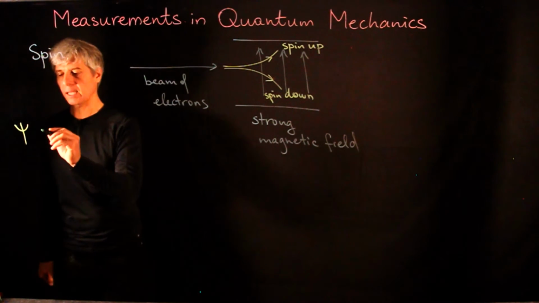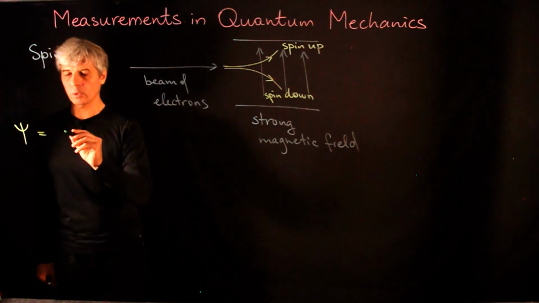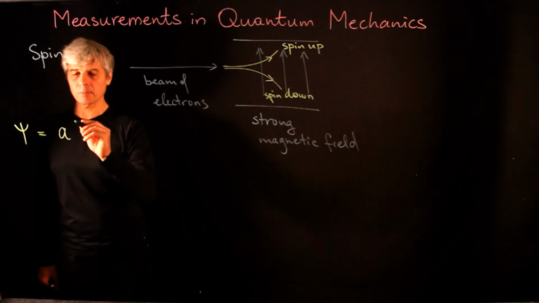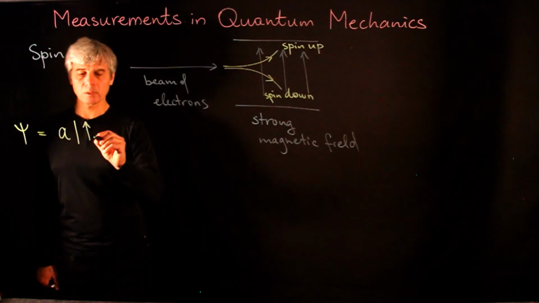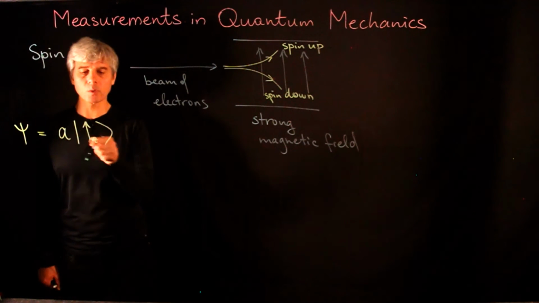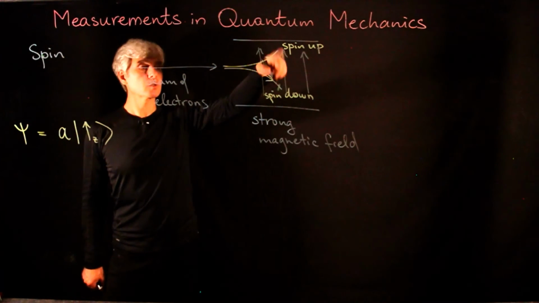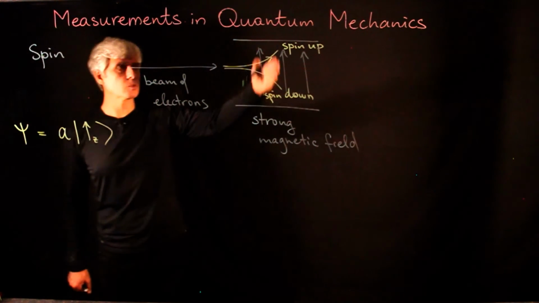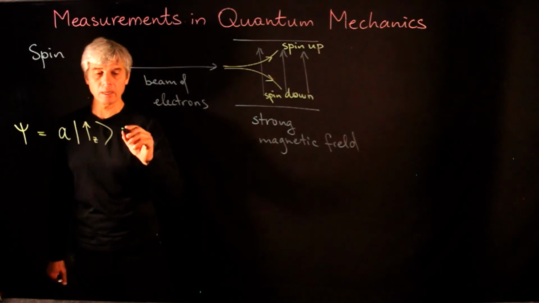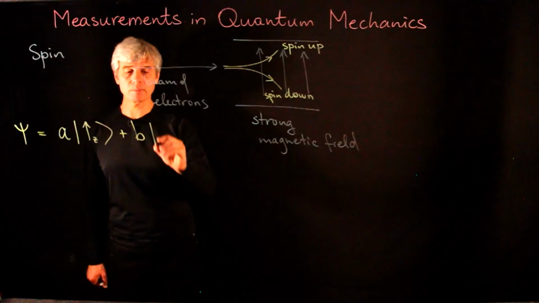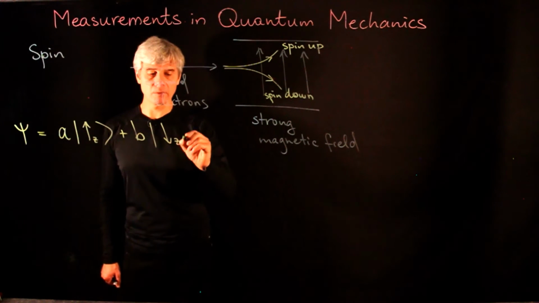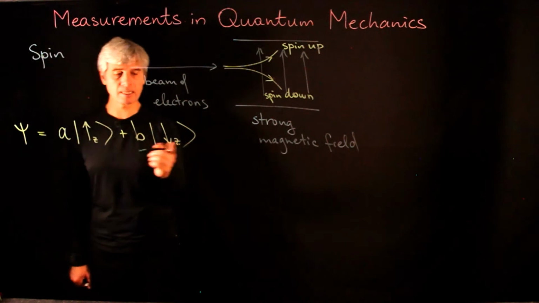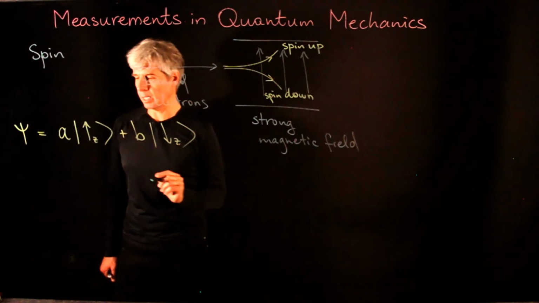So it's not a basis state. So if we have A times spin up, right? So this is up, corresponds to the direction of the magnetic field that we impose here. So here we assume that we have a vertical magnetic field, plus B times spin down. Right? So this is how we wrote last time the spin states of an electron.